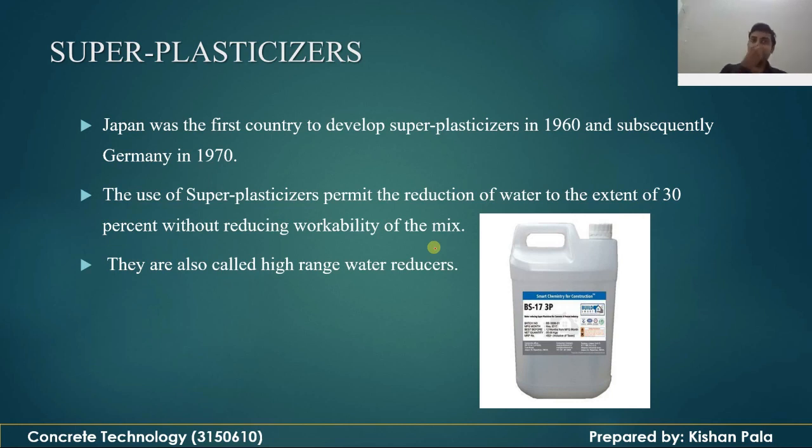For example, if you are making self-compacting concrete, in that case, without super plasticizer, it is not possible to get flowable concrete.